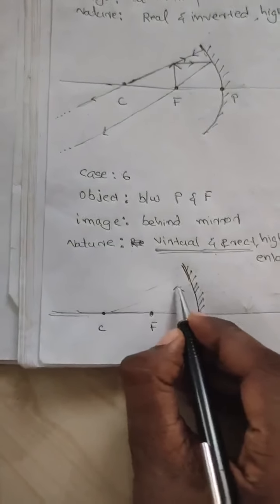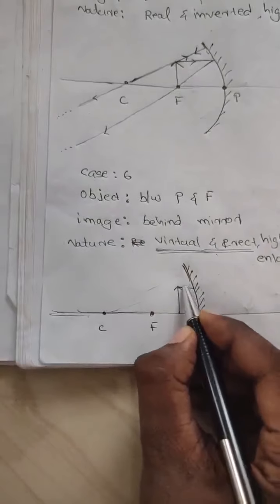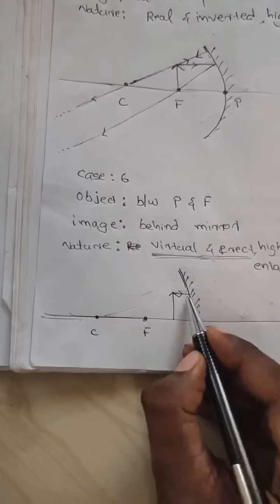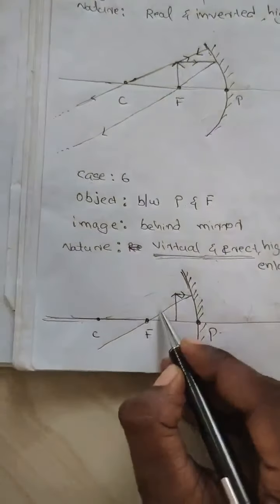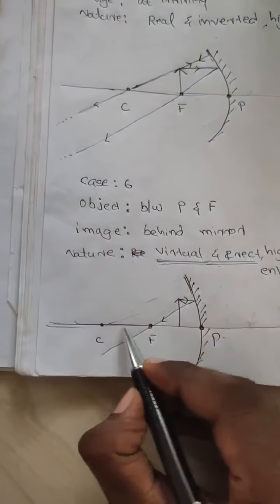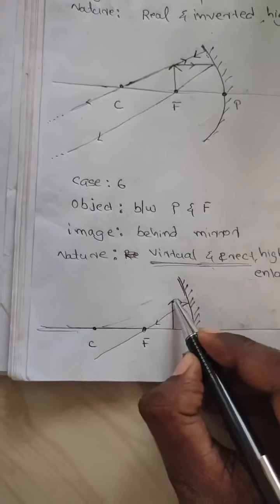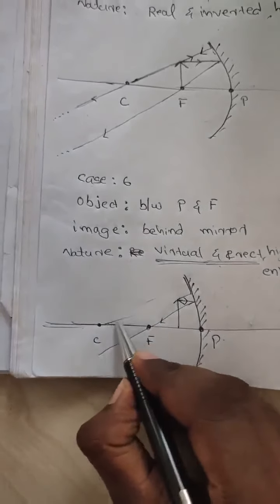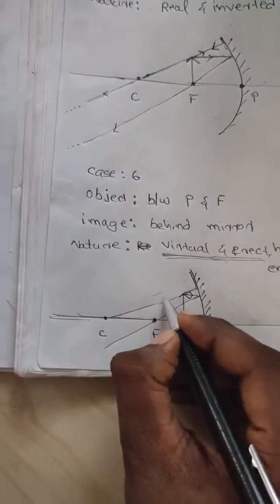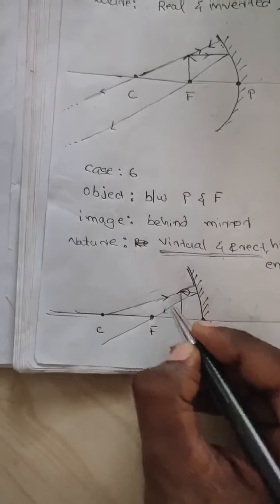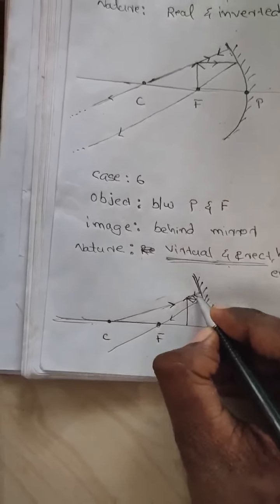First ray, a ray parallel to the principal axis. We know that it will move through the focus after the reflection. And second, I am using a ray which is moving through the center of curvature. We know that a ray moving through the center of curvature will be reflected in this direction.